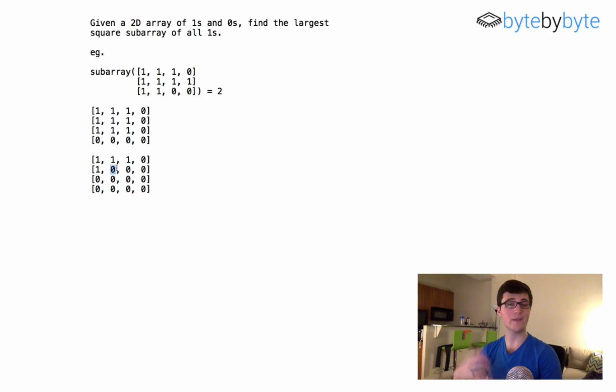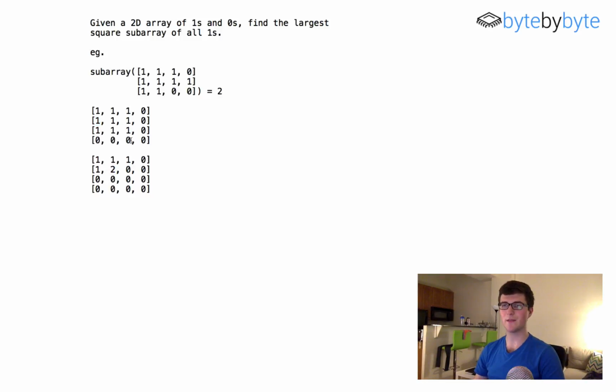Hopefully this will become even more clear as we go further along. This cell, because all the ones surrounding it are 1, is going to complete a subarray of size 2. So it's going to be the size of these ones plus 1, so 2. Because we have 1 here, 1 here, 1 here, it's basically like 3/4 of a square, right? So we're just filling in the square.